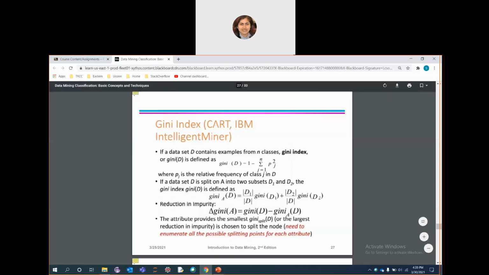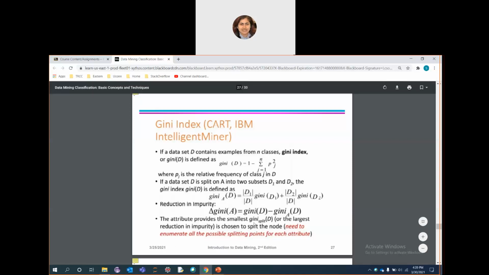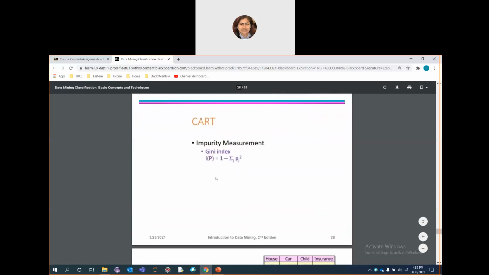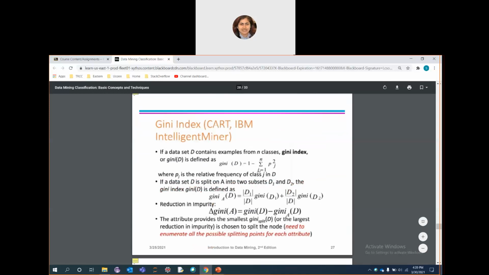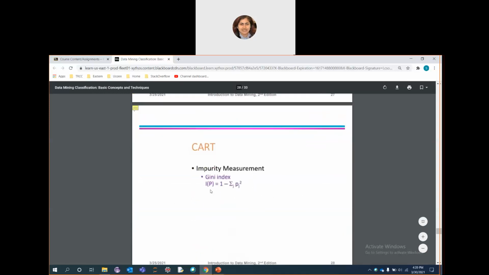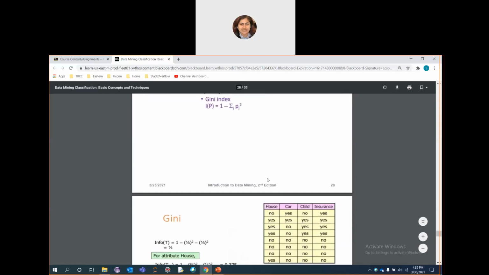And your Gini impurity reaches its minimum of zero when all the cases in the node in a decision tree fall into a single target category. Let's see what is the main difference here and how it is calculated. So based on this formula, Gini(D) is 1 minus summation of Pj squared, this is our main difference for calculating the entropy of the given data set. So let's see an example.